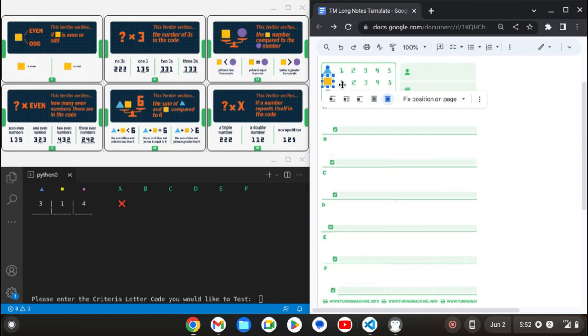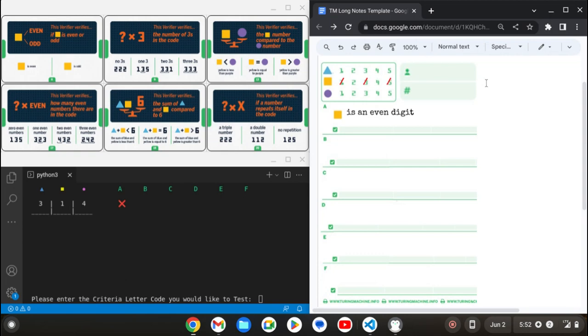So let me put that in my notes in section A. So square is an even digit, and since it is even, that means I can cross out all of the odds. So I'm going to cross out 1, 3, and 5.